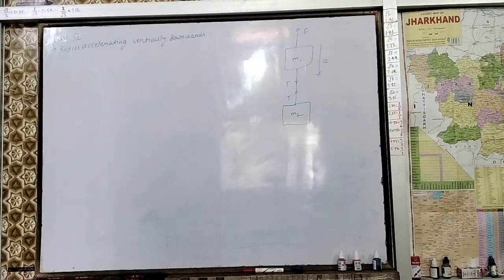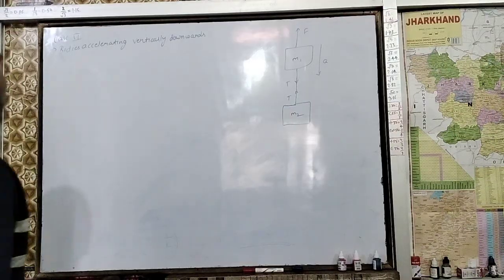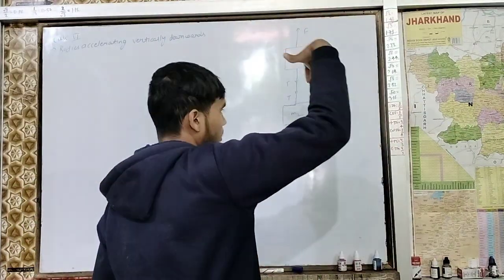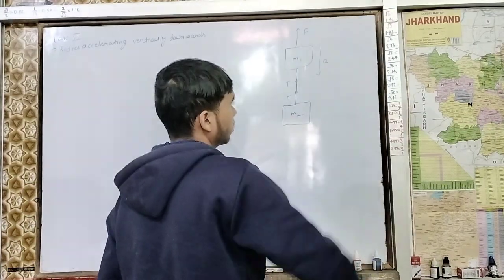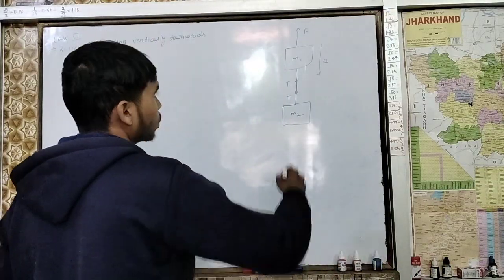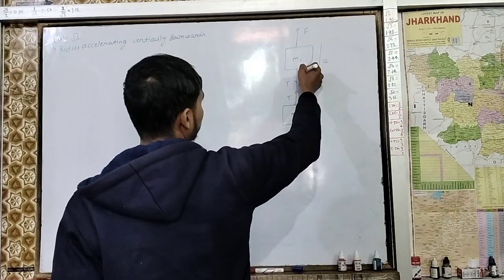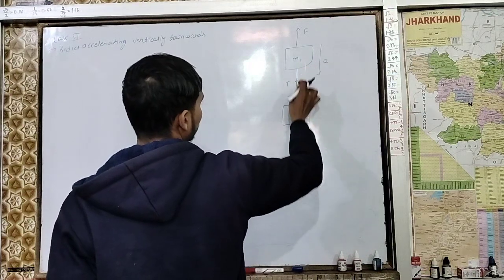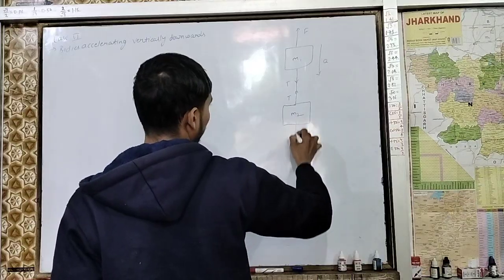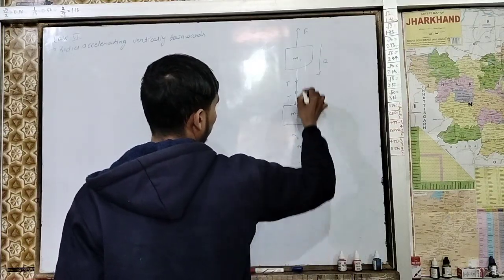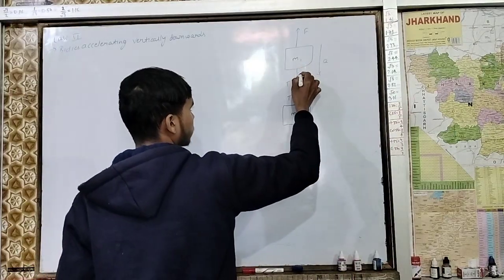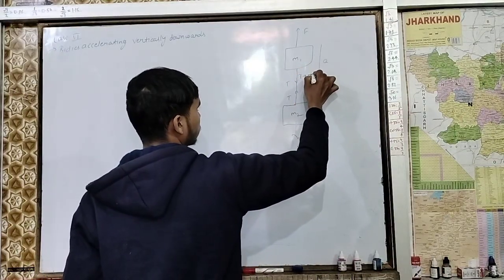Now see over here. Body is accelerating vertically downward, means bodies are coming downward. Over here the tension will be how much? T plus m2 g. So this will be equal to this T, which is T plus m2 g.